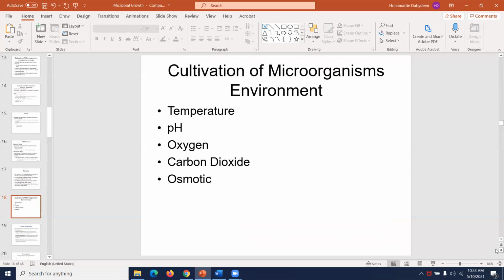Some of the things we look at when we talk about the environment for growth are the temperature, the pH, oxygen concentration, carbon dioxide concentration, and of course, osmotic barriers. We will go through each one of these in a little bit of detail. But these are what we consider the environment in which the organism will grow.